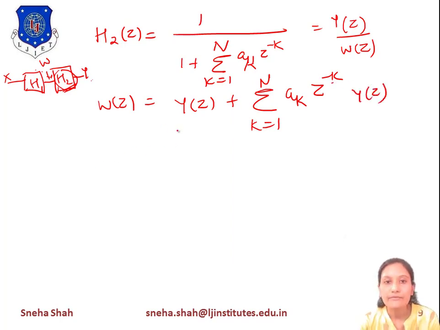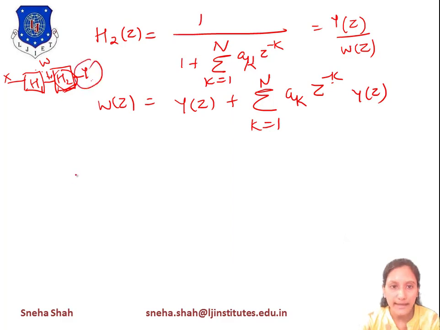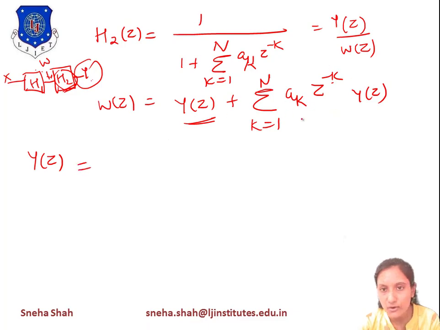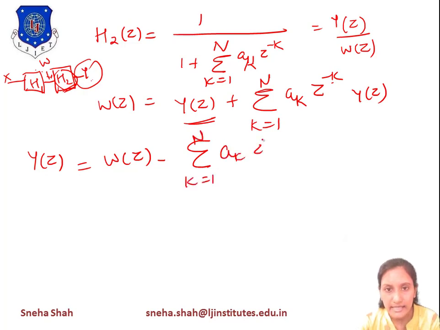Now the output is what? Y, right? So we take the final term as Y of z equals, all this term goes over here, so it gives you W of z. This term goes to the other side, so it means minus summation k equals 1 to N, ak z raised to minus k Y of z.